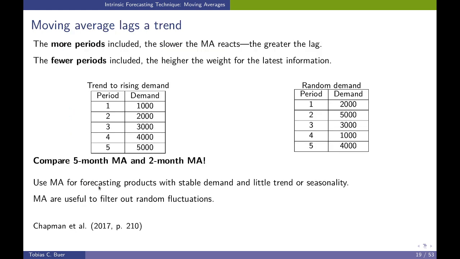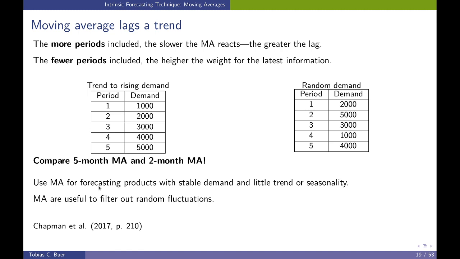If the trend in the data is stronger, then the moving average typically lacks this trend. So if there's a lot of trend, the moving average can be not such a great option to calculate the forecast. In general, the more periods we include in calculating the moving average, the slower the moving average adjusts to this trend, the greater the lag is.